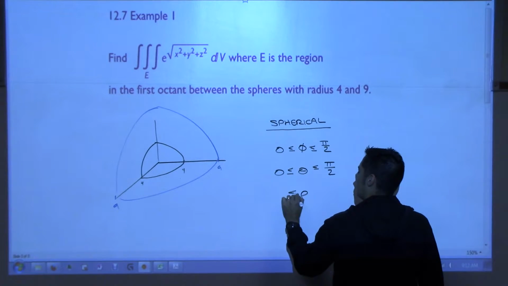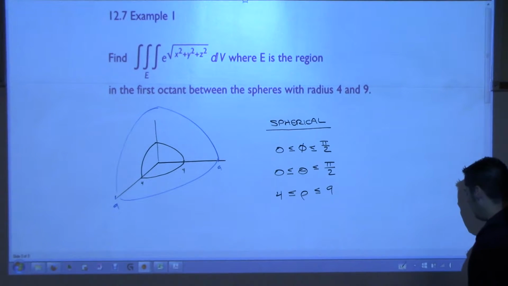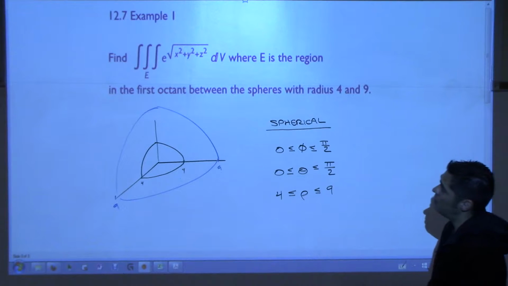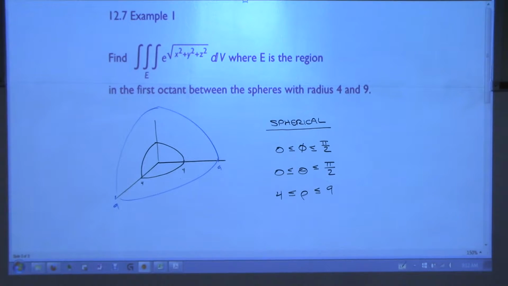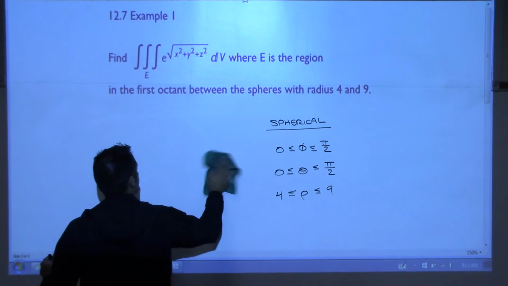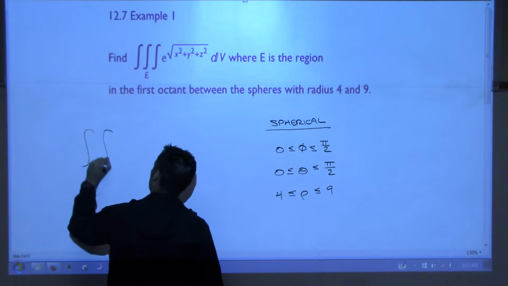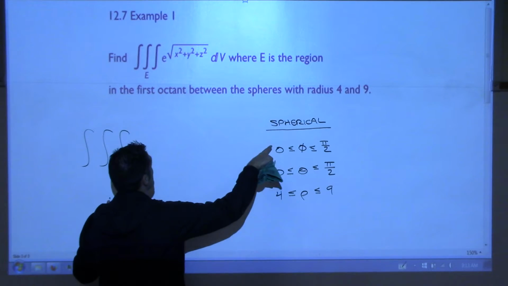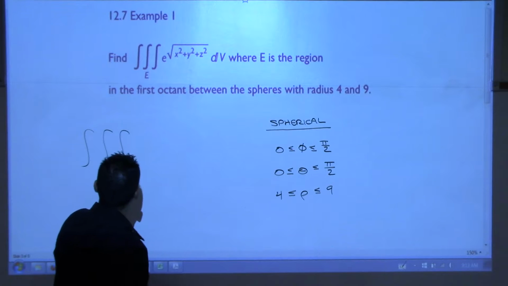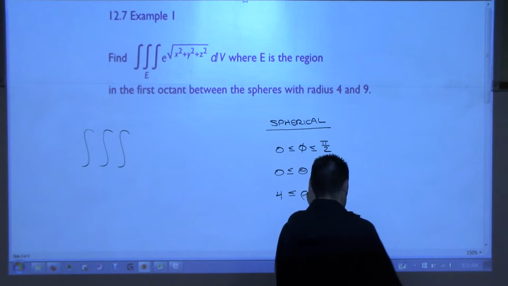And this time rho is stuck between 4 and 9. And now what we do is we try and set up this triple integral with spherical. So I look at this triple integral over E, and now I know I'm going to have these restrictions. I'll worry about the order in a second. E to the square root of x squared plus y squared plus z squared.